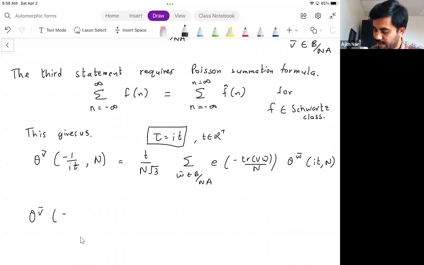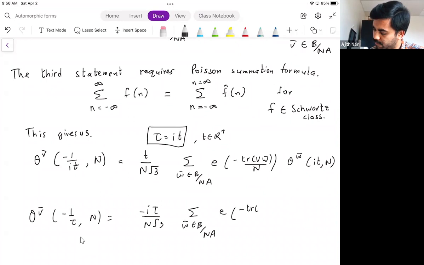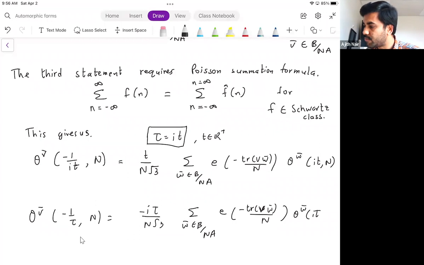You basically have theta of negative 1 over tau comma n is negative I tau over n square root 3 times e to the power negative trace of b w bar over n, theta w bar I tau. What do I have? Just tau.